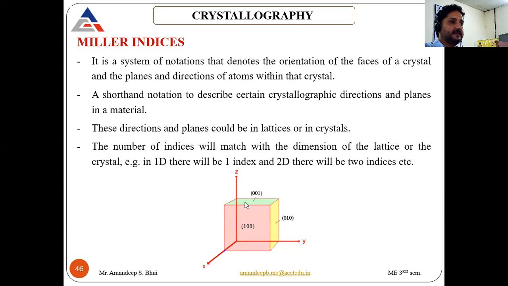Similarly, this pink plane is denoted by 100, because here the x value is 1 and the value of y and z is 0. Similarly, this yellow plane is defined by 010.